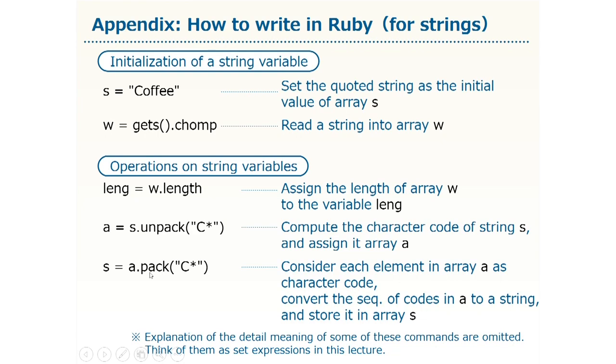On the other hand, by using pack, we get a string corresponding to the sequence of codes in the array A, which goes into the array S by this assignment statement. This concludes the summary of the basic commands involving characters and strings.